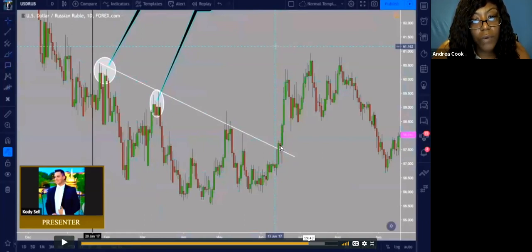This red candle right here is a doji candle, which means that price is about to reverse. So now that I see I got the break and the retest and it's a doji candle, guess what? We're taking the trade.